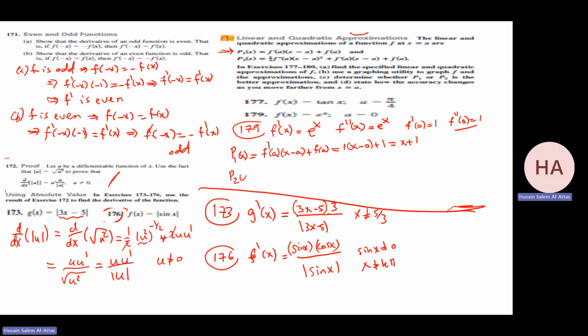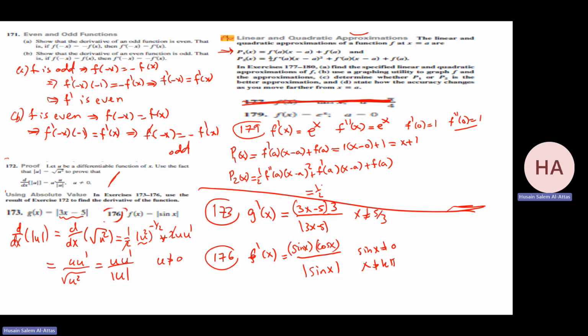The quadratic, this is the formula: half f double prime at a times x minus a squared, plus f prime at a times x minus a, plus f at a. The same idea, but more calculations. We'll choose a equals 0, so that also makes it easier.